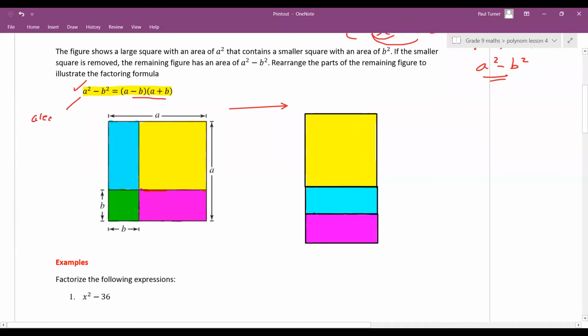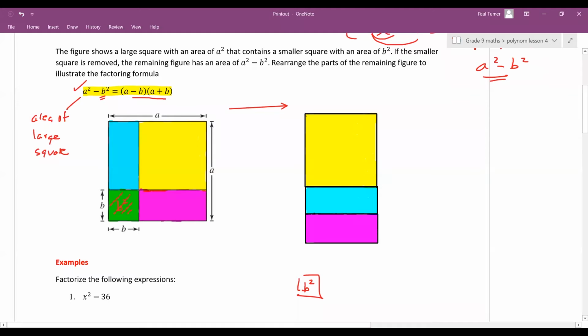So area of large square, that's a squared. a squared minus b squared. b squared is down here, this area here. So I'm taking my big square and taking away the green square, the small one. So when I do that, you see the green square is gone here.